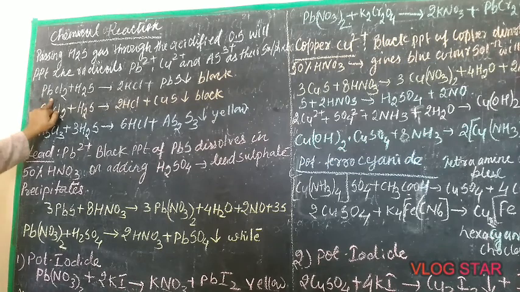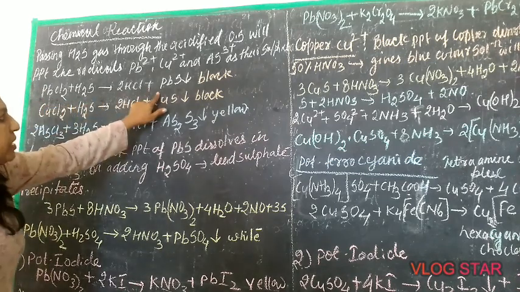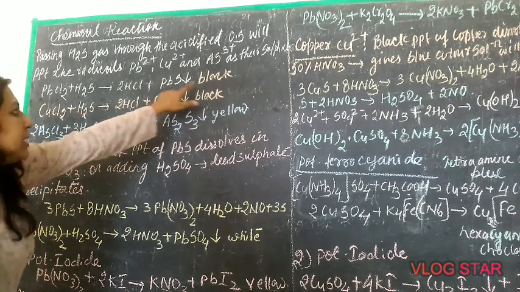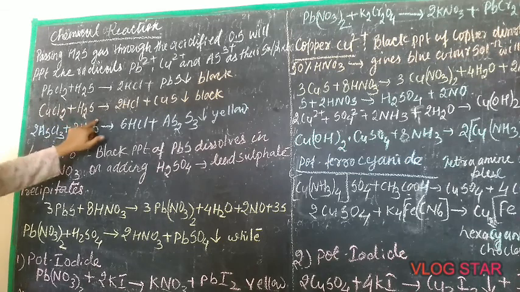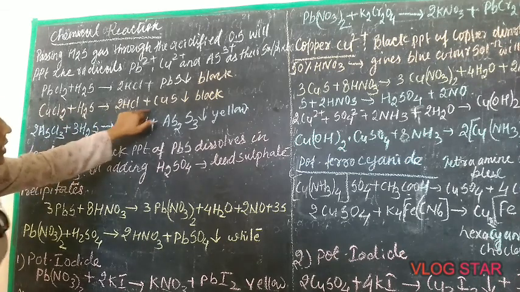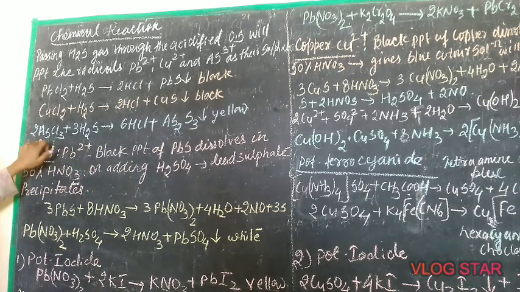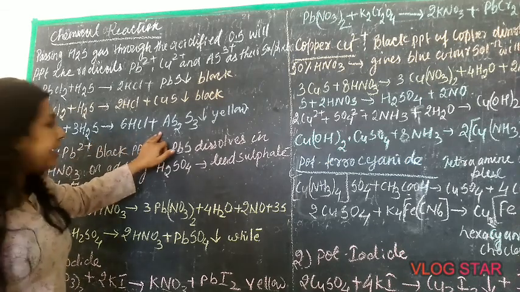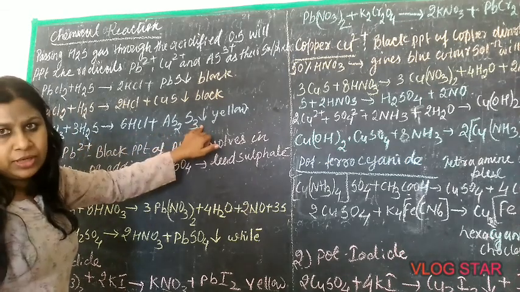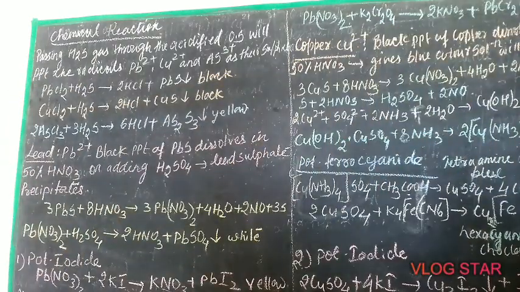Reaction: PbCl2 + H2S gives 2HCl + PbS, that precipitates as black color. CuCl2 + H2S gives 2HCl + CuS, that precipitates as black color. 2AsCl3 + 3H2S gives 6HCl + As2S3, arsenic sulfide, it precipitates as yellow color.